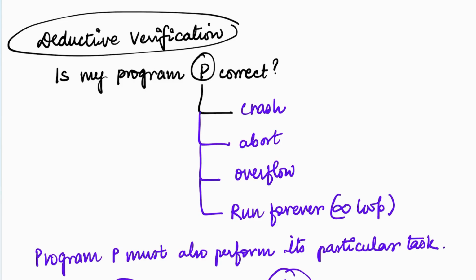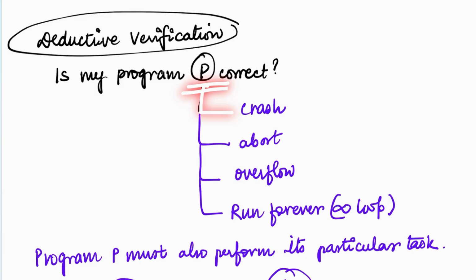And if you don't understand why I'm asking this question, please go back to our first lecture. This will help you understand why we are asking this question. But all in all, we'll be asking this question, is my program P correct? And when I'm talking about my program P, I am genuinely looking into ways that I can make it correct.